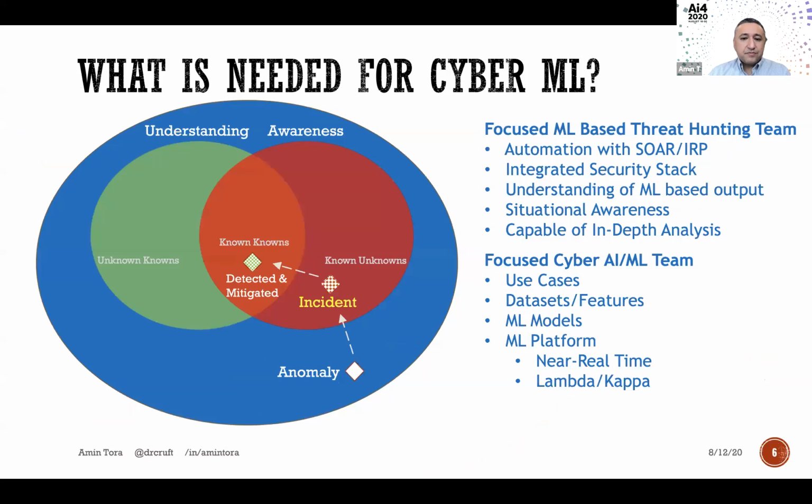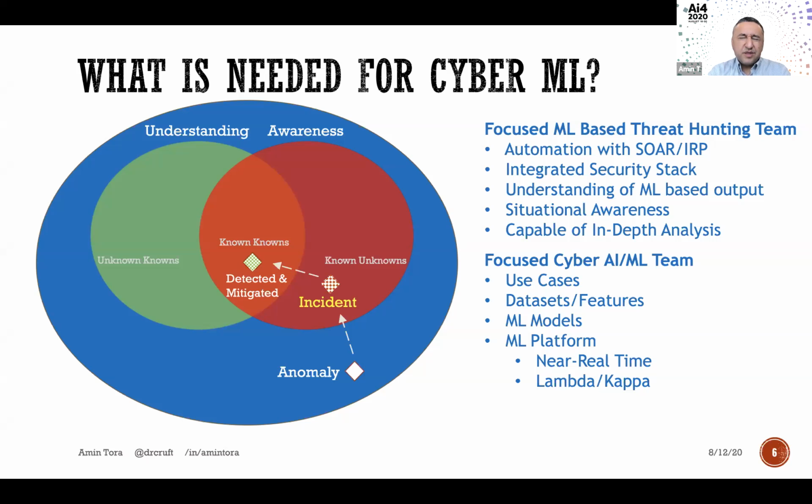Now, what do we need to go from the traditional mode to cybersecurity based machine learning capabilities? For that, in general, you would need two things. One is a focused cybersecurity AI and machine learning team that understands AI, machine learning, and cybersecurity.